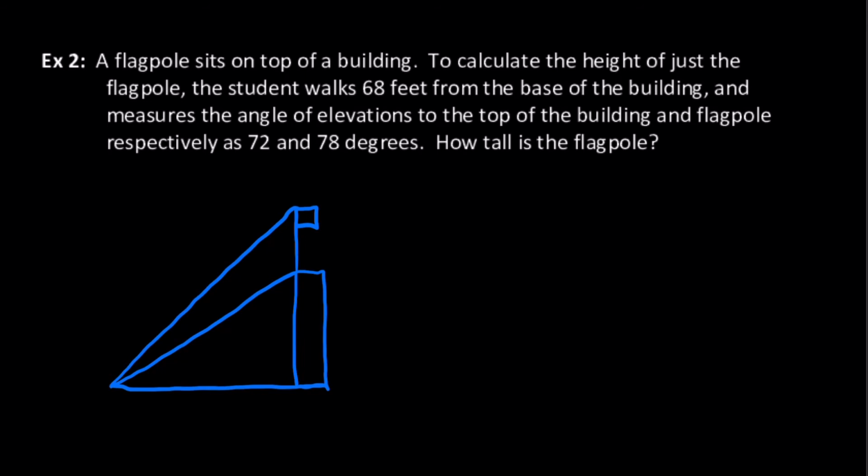So those two angles are 72 and 78 degrees, respectively. So 72 is the smaller angle right here, and 78 would be the larger angle right here. And it said the student walks 68 feet from the base of the building. So the bottom of this triangle here is 68.